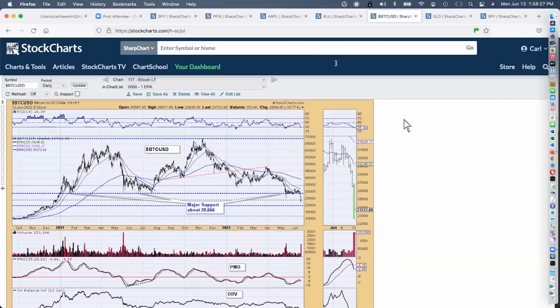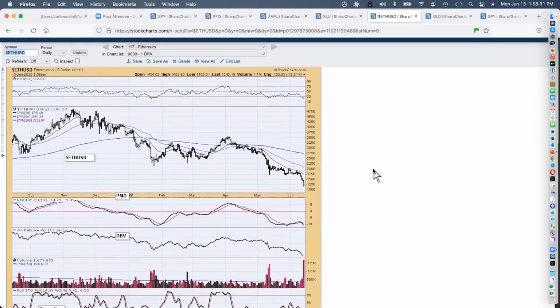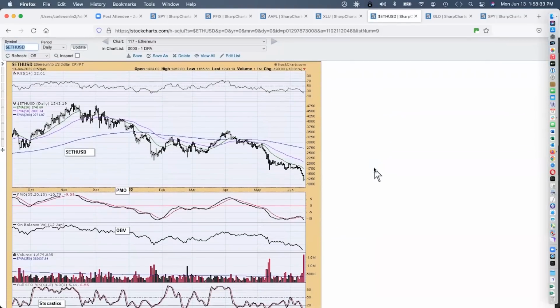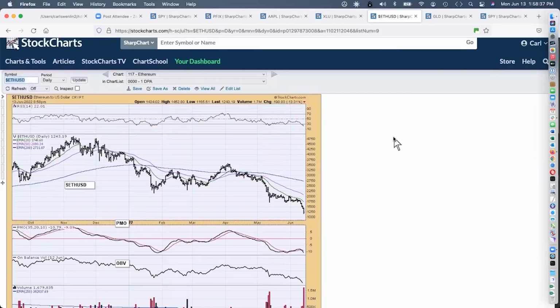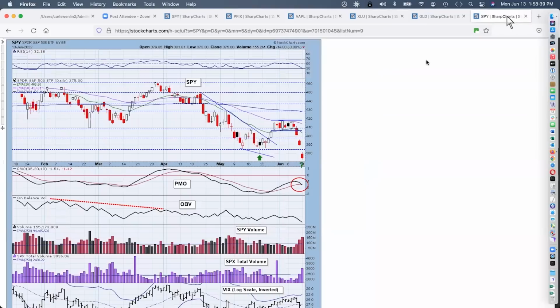I'll just take a quick peek at Ethereum. Looks pretty much the same. Won't get too involved with that. Let's just get rid of that and start with the market. Again, waterfall decline. And right now I've got a question mark. We could possibly get a double bottom set up here.